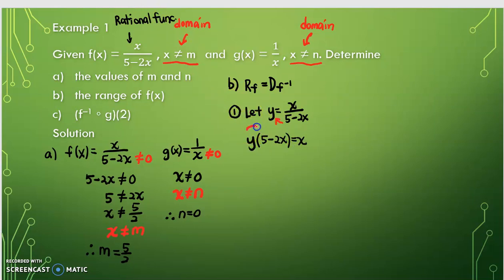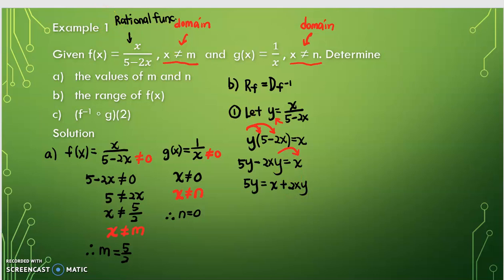So I expand y times 5, y times negative 2x. So I will have 5y minus 2xy equals x. So next, I will move negative 2xy to the right hand side. So here I have 5y equals x plus 2xy.